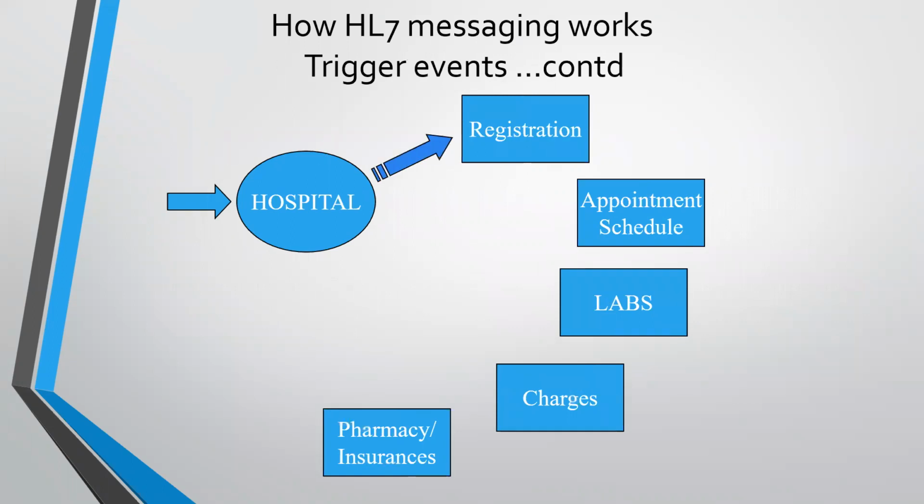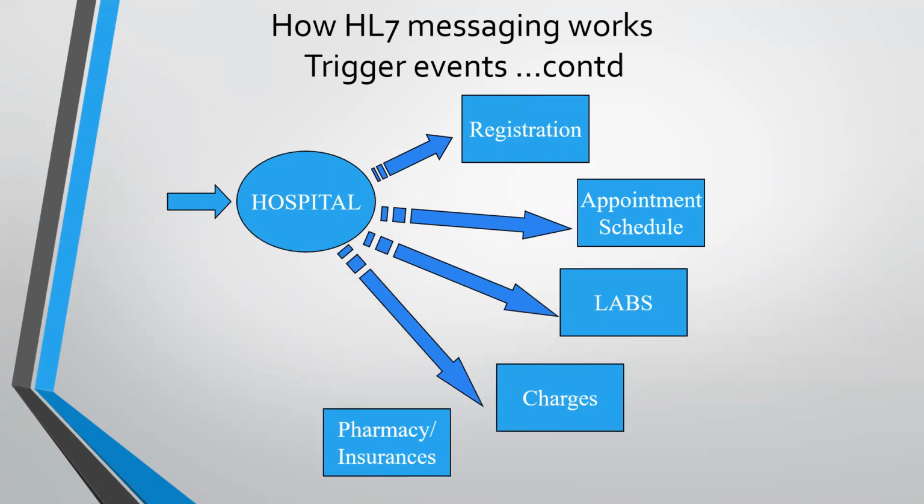So usually the hospital is broken down into registration, appointments related transactions, lab related transactions, amount or charge related transactions, pharmacy or insurance related transactions. Pharmacies and insurances are dealt with a different data standard altogether. As we are dealing with HL7 standards, we are going to cover the first four sections: registrations, appointments, labs, and charges.